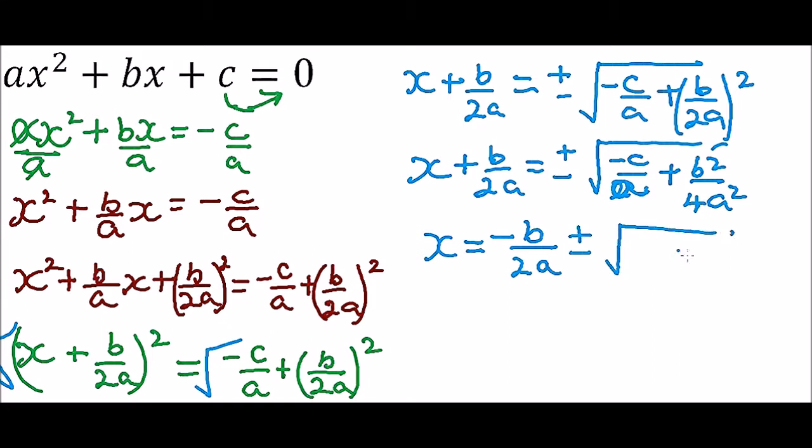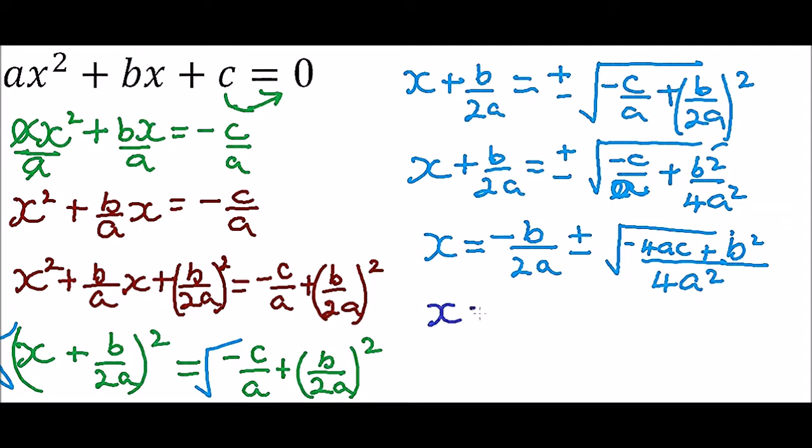So it is the square root of, the LCM is 4a squared, and 4a squared divided by a, we will have 4a. So we will have minus 4ac, and then we have plus b squared. So we can get the square root of this 4a squared. It will be 2a.